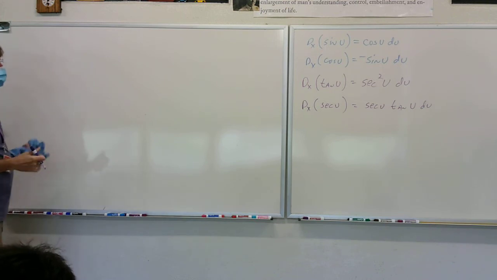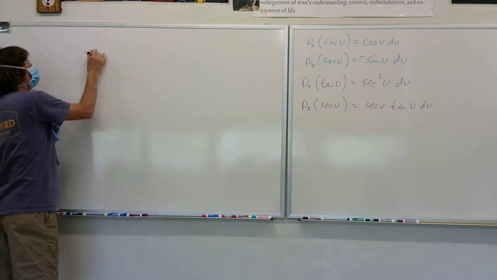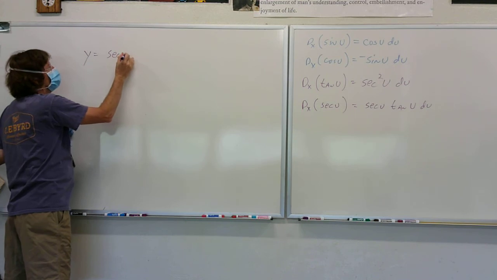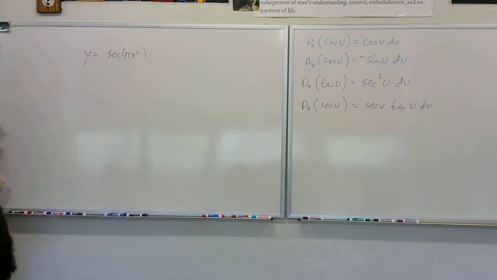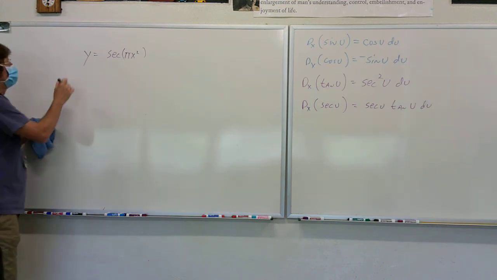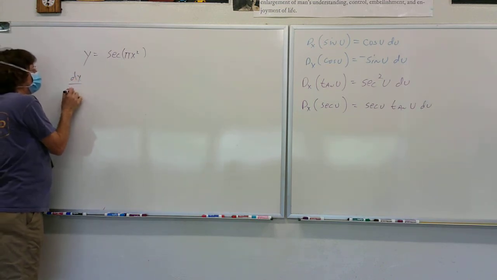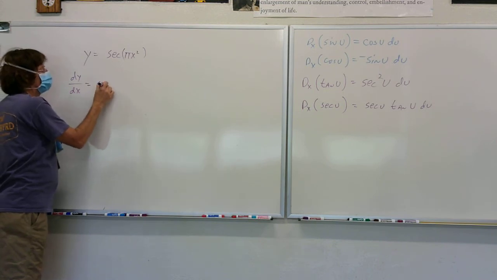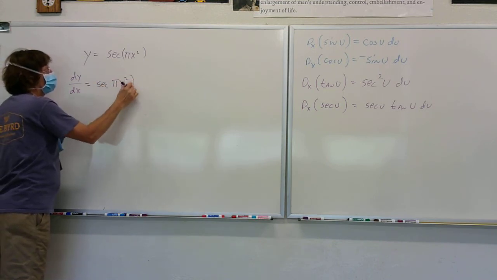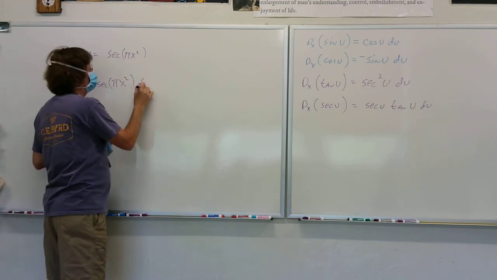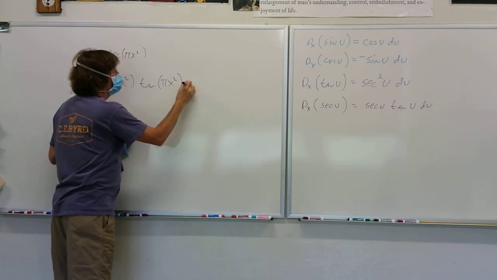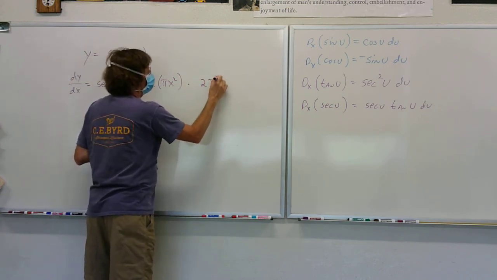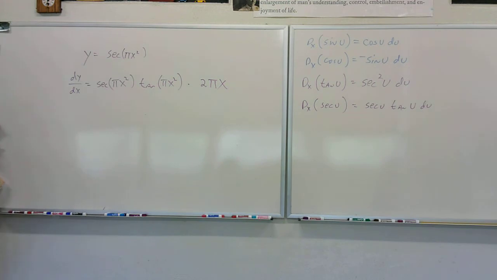So, you had y equals secant pi x squared. dy over dx would equal secant pi x squared tangent pi x squared. And then don't forget 2 pi x out there on the end. And that's the derivative.